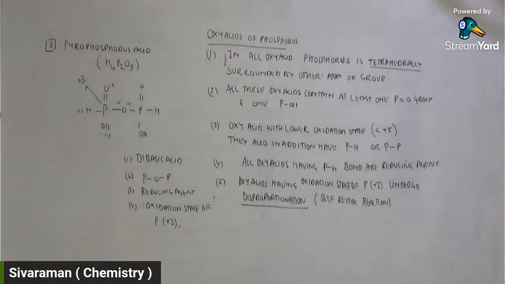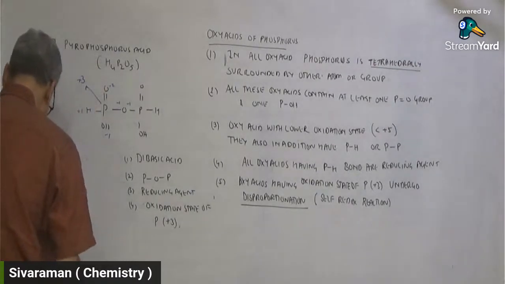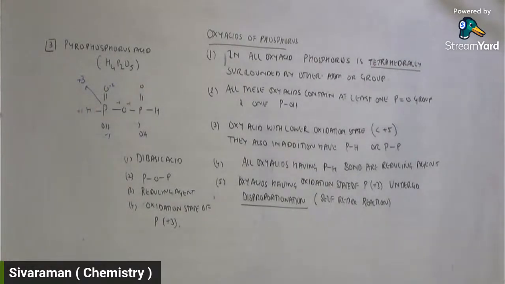When you talk of oxidation state +3, how is it obtained? This also sometimes they have asked. They have said it's obtained by reaction of PCl3 and H3PO3. So let's see if there is some reaction that we have.